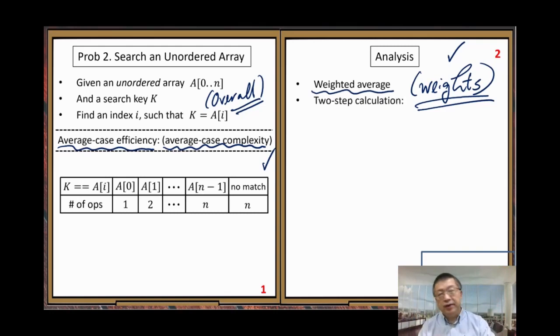All right, next, to get a weighted average, we do a two-step calculation. Why two steps? Because if you look at the table here, you can see we have two levels of cases.